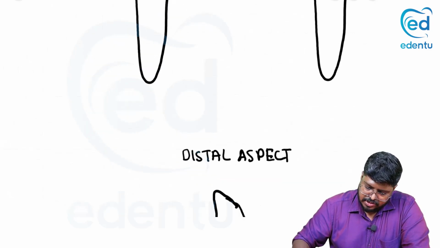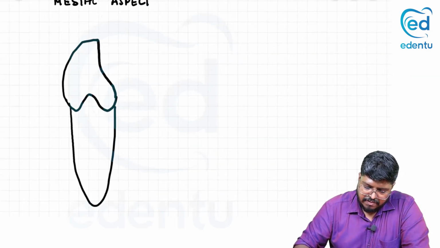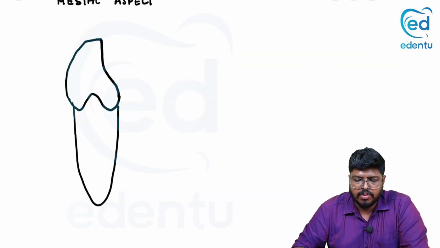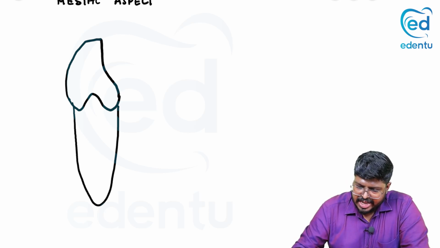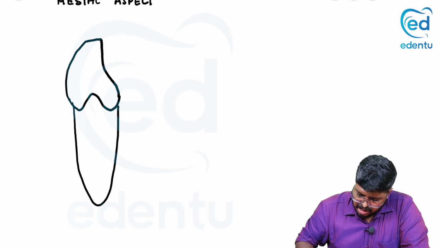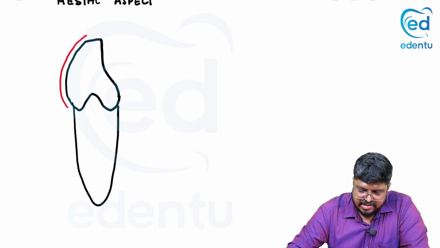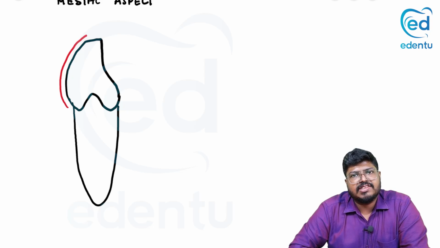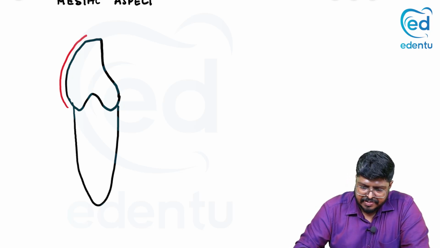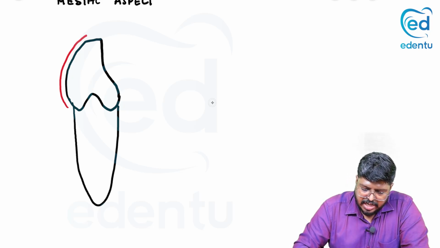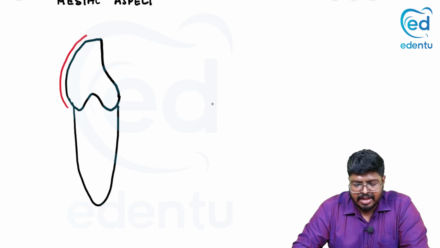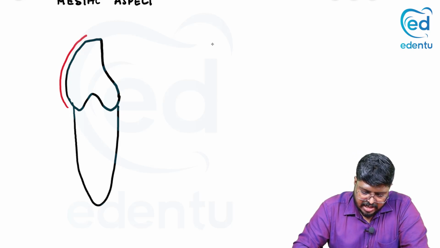When we come to the mesial aspect, we are going to find a few important things. The labial margins are going to be quite convex, but not as convex as the maxillary incisor. You can have it in two forms. One, it can be convex, or second, it can be straight.